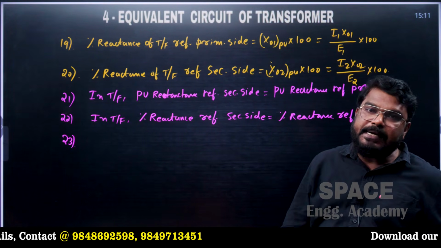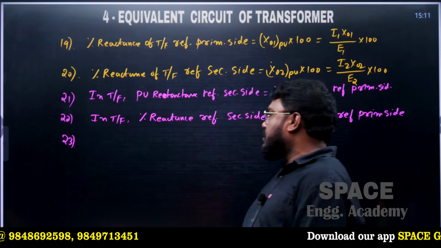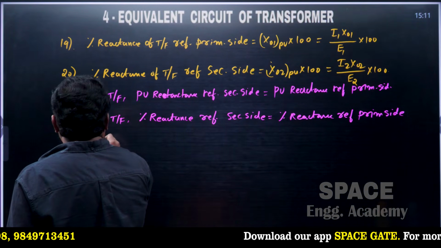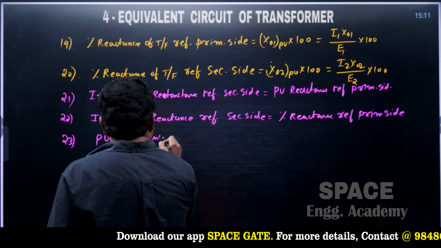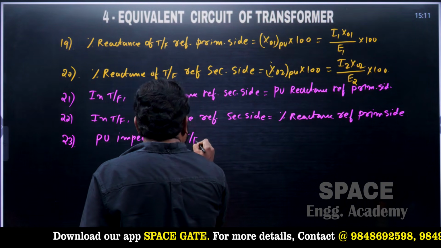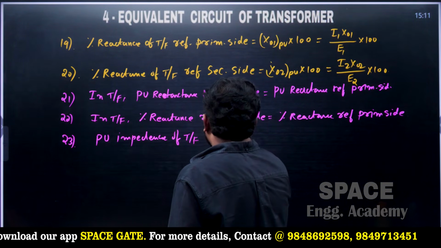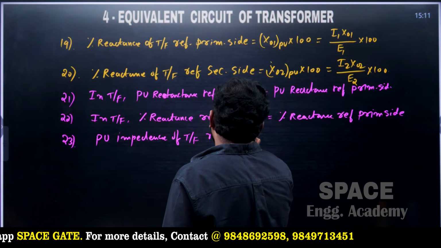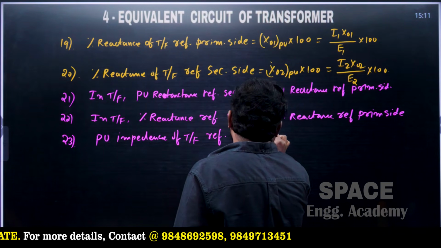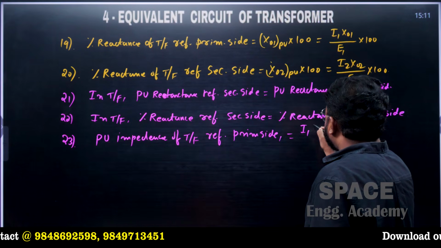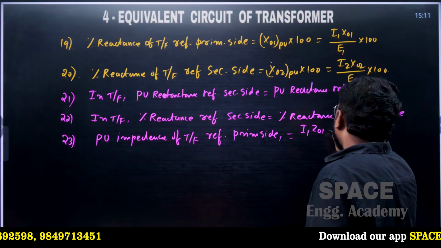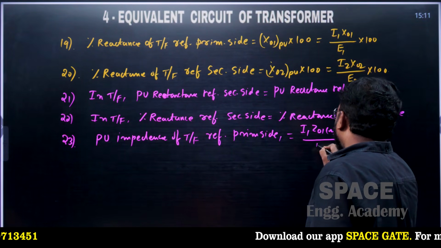How do we calculate the per unit impedance of the transformer referred to the primary side? This value is equal to I1 Z01, ohmic value, divided by E1.